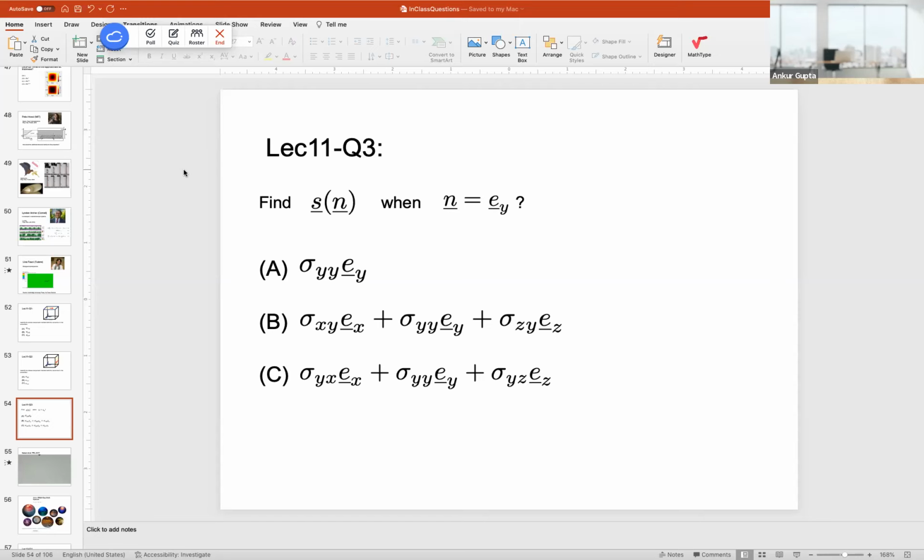It may be that my sigma YY is 0, or sigma YX is 0, or all 3 of them are 0. But the stress in these 3 components, multiplied by the 3 different directions, will tell me what the effective force is. The normal just tells you the direction of the surface, but the direction of the force can be independent of that.